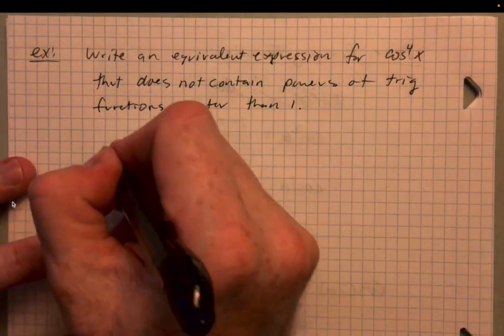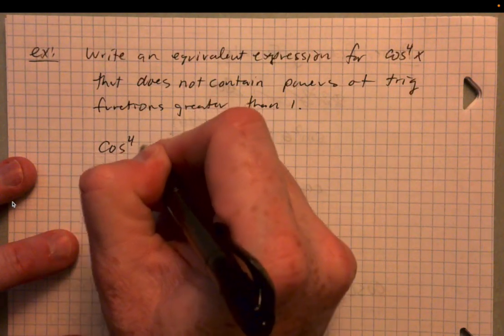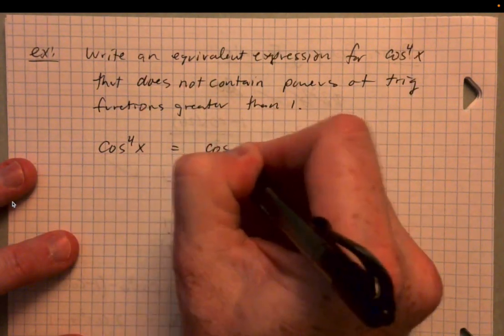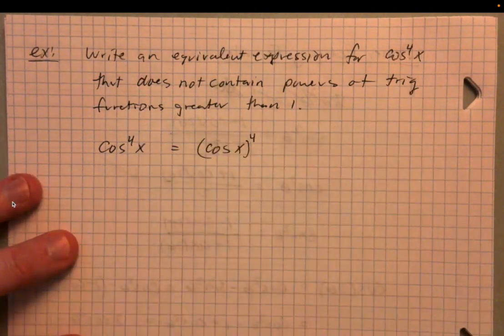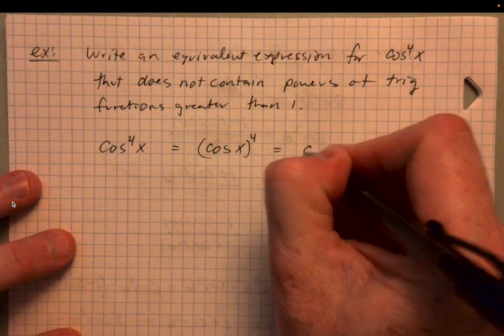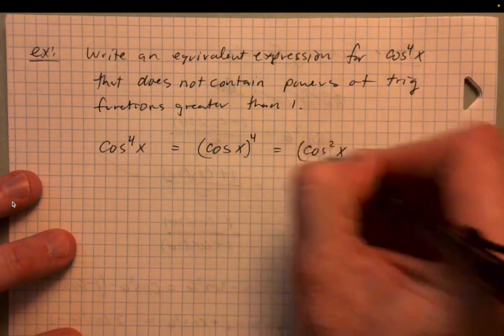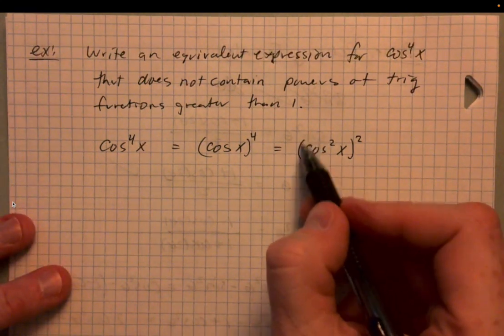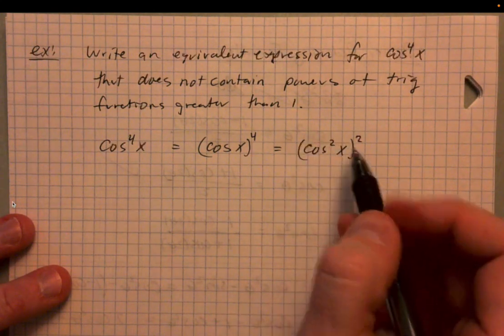So how can we do that? Well, cosine to the 4th power of x. Remember what this is. This is cosine of x all to the 4th power. Right, but even better, we could write it like this. We could write cosine squared x, squared. Okay? And so we can use our power reducing formula on everything inside the parentheses here.